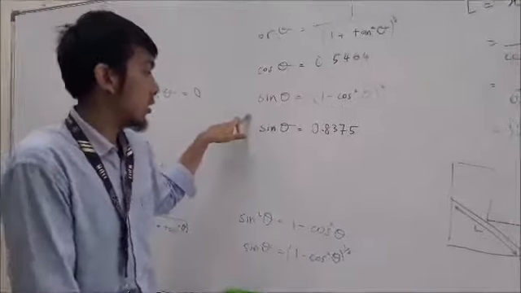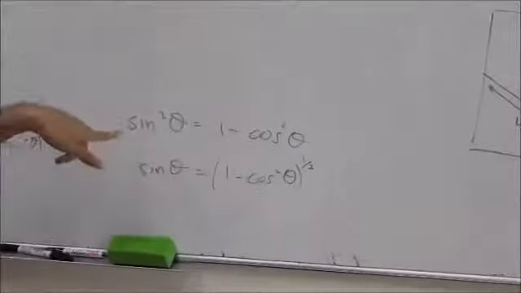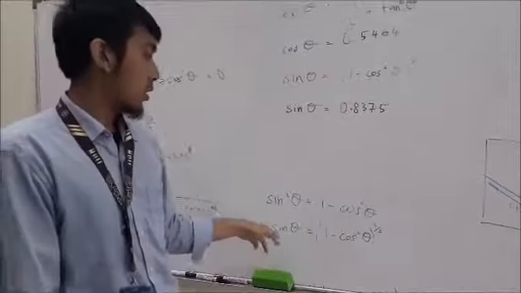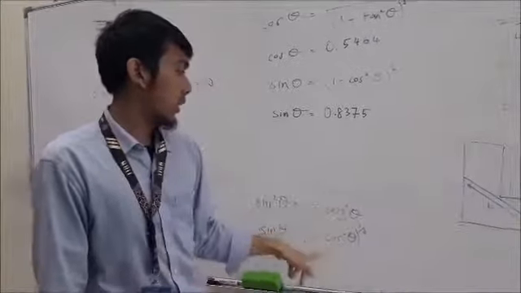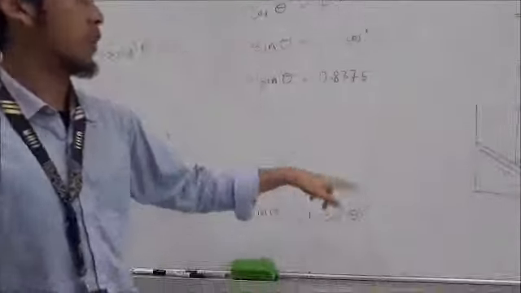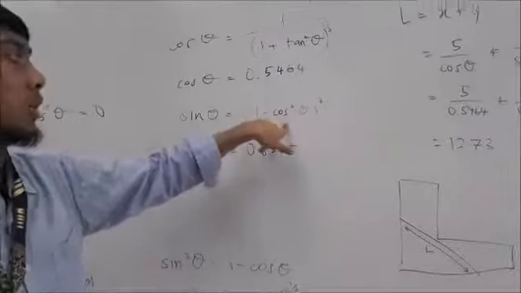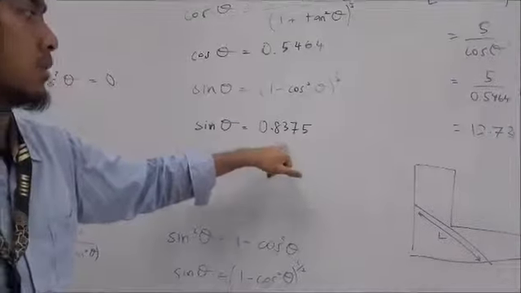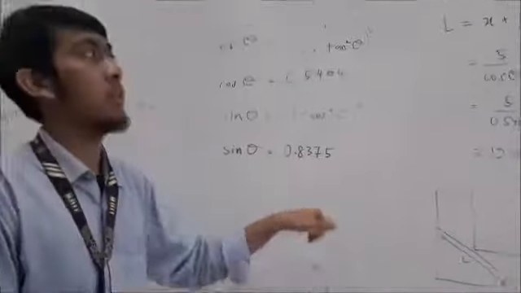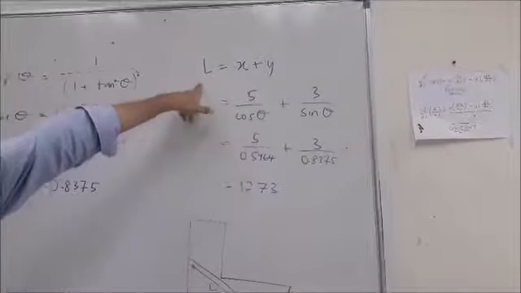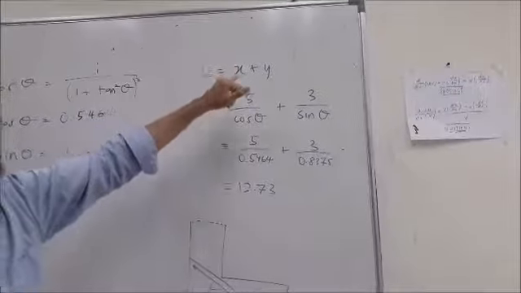For sin theta, we use sin squared theta equal to 1 minus cos squared theta, and put the square to the right and get 1 minus cos squared theta, to the power of 1 over 2. The same, we put in the cos value into the equation and we get 0.375. So lastly, we search for L. L is equal to x plus y.